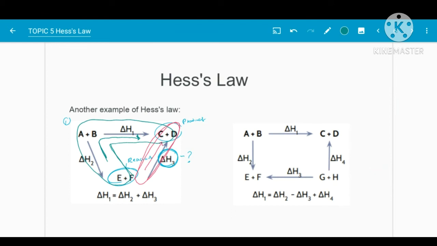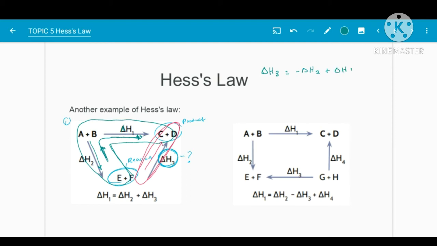Okay, we come out with the formula. Now delta H3 is equal to, from EF to AB, the direction is opposite with the direction of H2, so delta H2 becomes negative because of the opposite direction, plus delta H1, from AB to CD, which has the same direction, so it still remains positive.